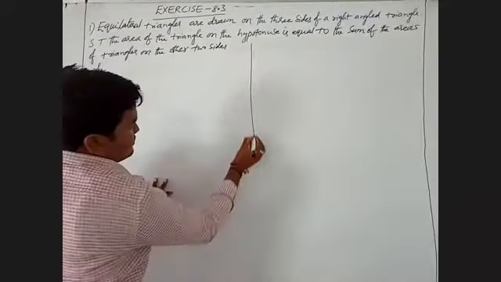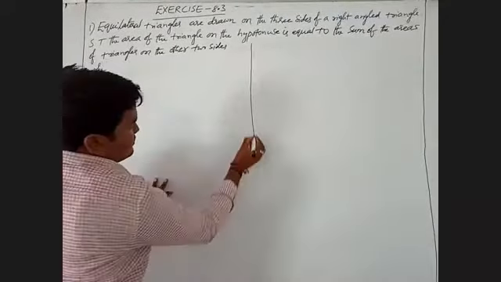This is named as B. This is named as C. The names of the three equilateral triangles: this we will take P, this we will take Q, this we will take R.